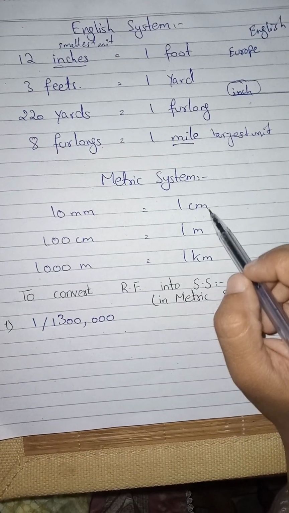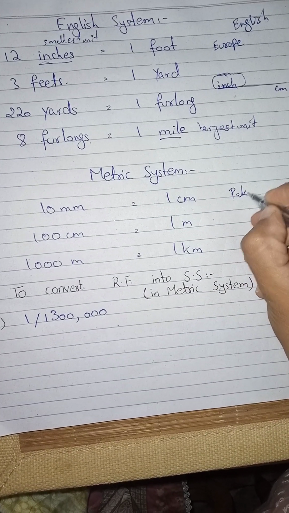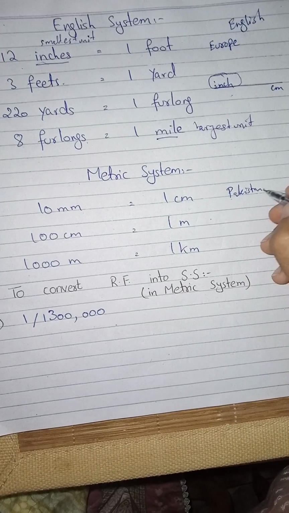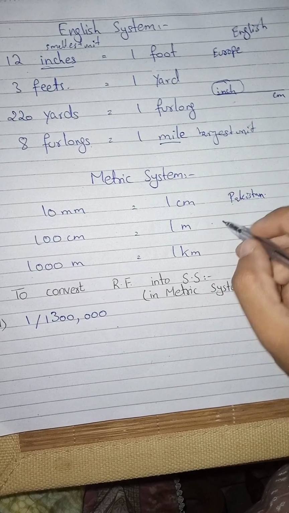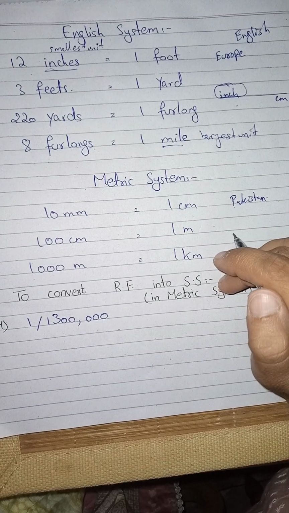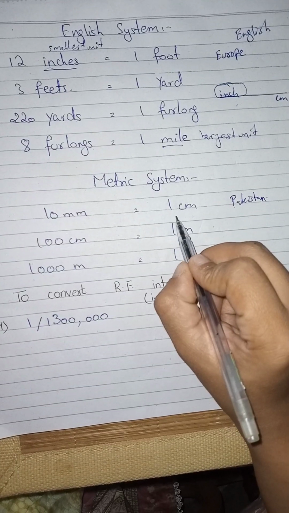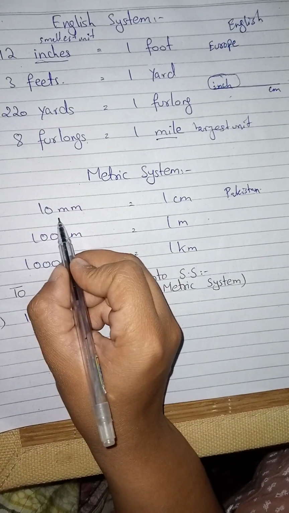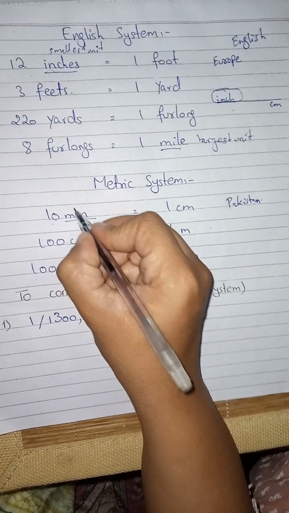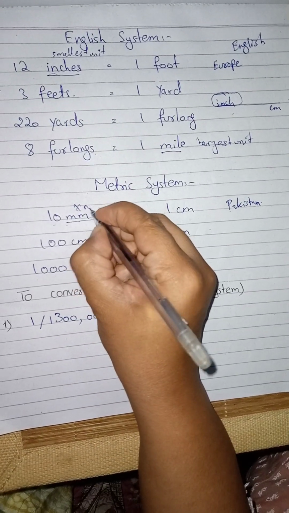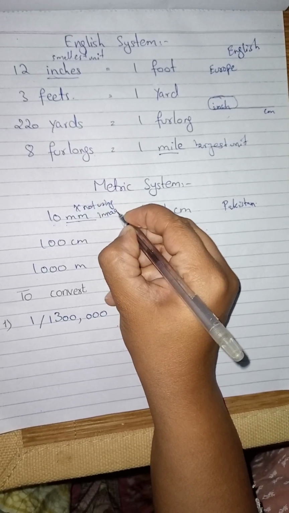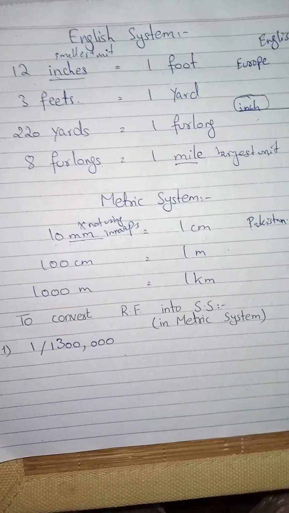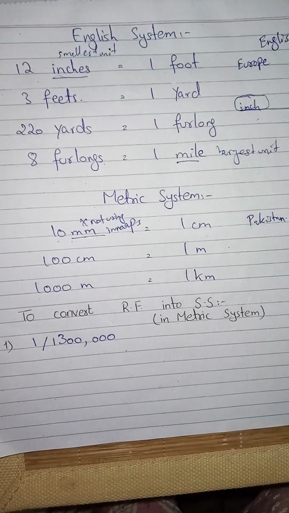The second system is the metric system, which is mostly used in Pakistan. You can easily remember it as, in our country people are mostly metric-based, so we use the metric system. 1 centimeter is equal to 10 millimeters, but we do not use this unit in maps, because a millimeter cannot be shown on maps.